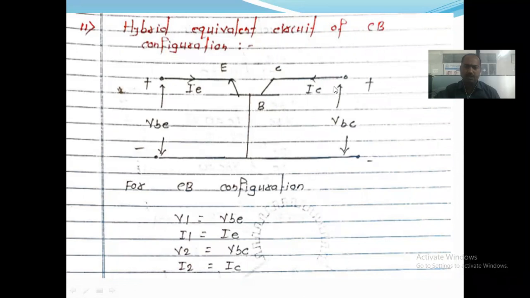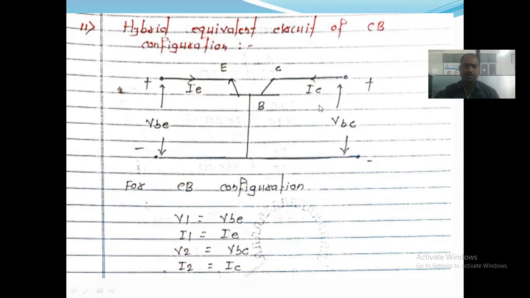Now see, the voltage which should be coming between your two terminals, that is in between collector and base, right? Collector and base. That's why it is called VCB. But same as earlier, it should not be written as VCB, it should be written as VBC. Okay, VBC.